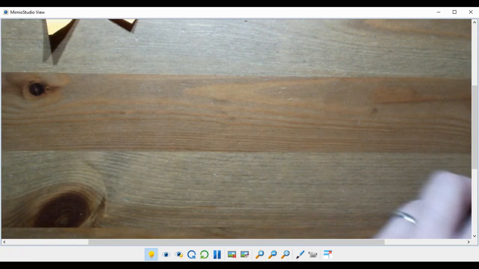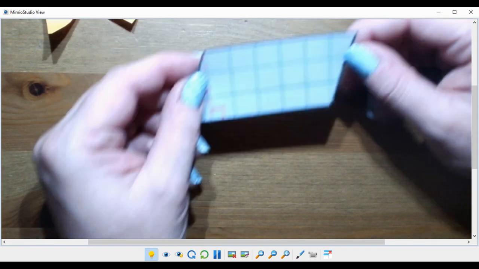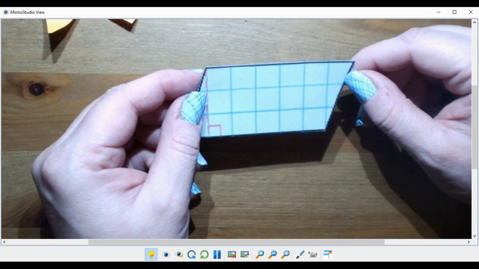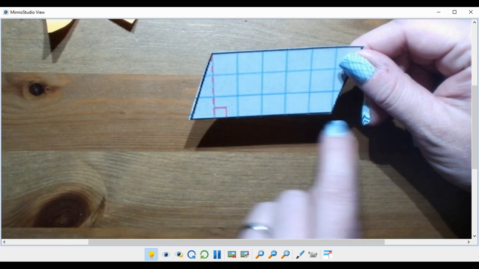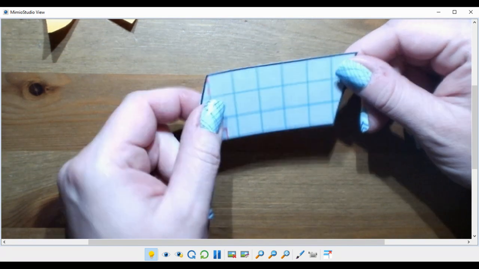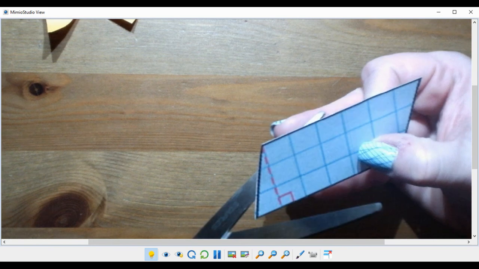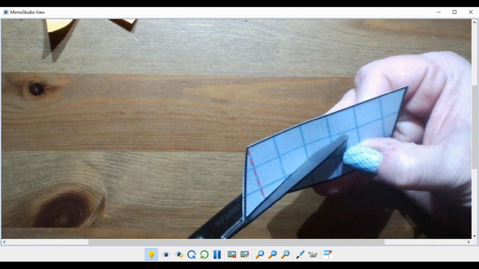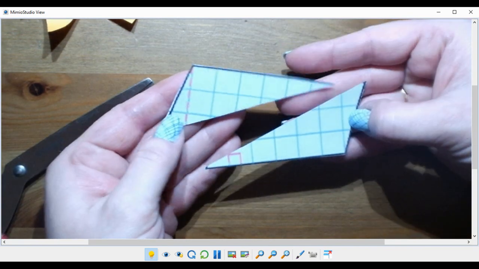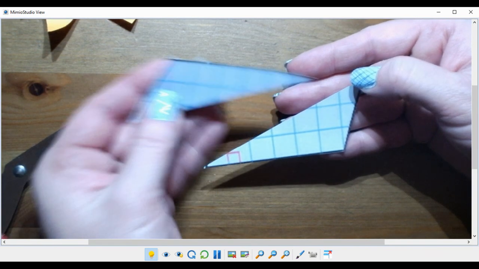All right, but those were squares and rectangles. What about a parallelogram? Well, guess what? It works for this too. So this is our base times height. If I was to cut it on the diagonal, I get 2 congruent triangles, 1/2 times base times height.